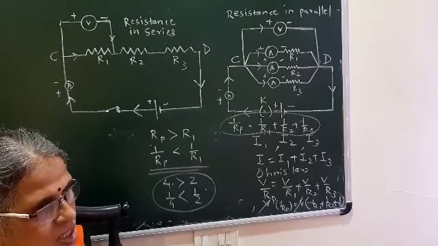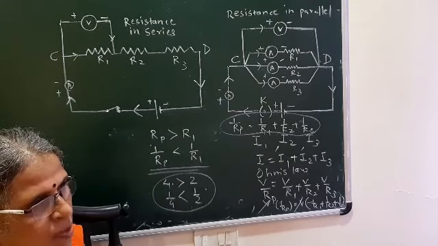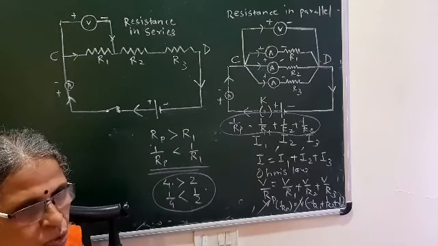But if they are connected in series, as in series the current flowing through all of them is the same, if one of the appliances stops working, the remaining also will not work.